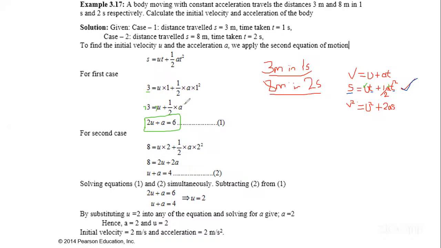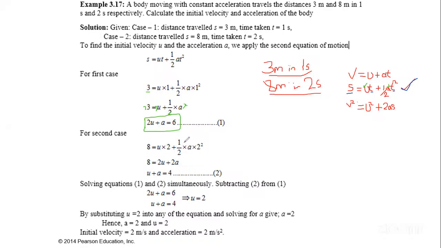Multiplying through all terms of the equation by 2, the 2 cancels the half, and that gives us 6 is equal to 2u plus a. So that's what we have here.